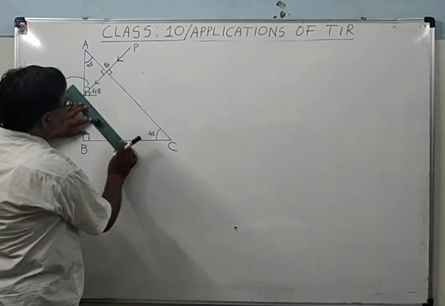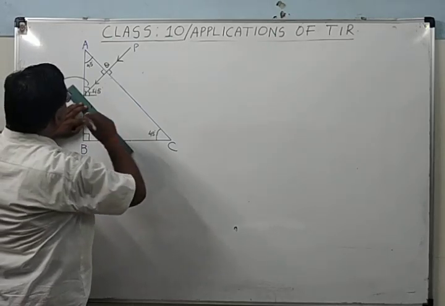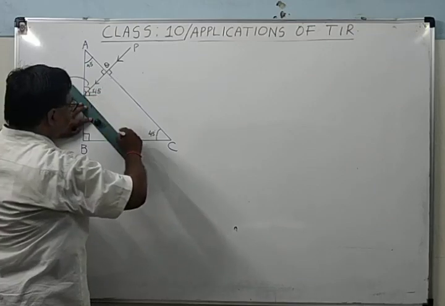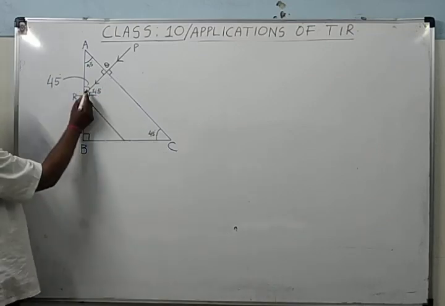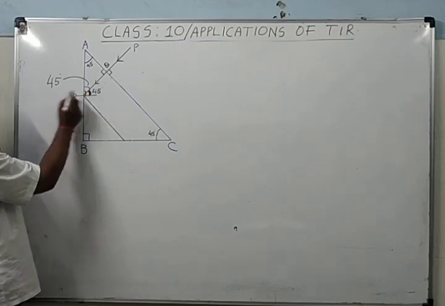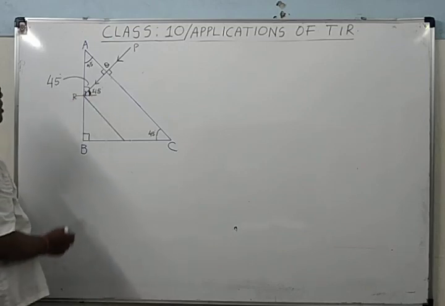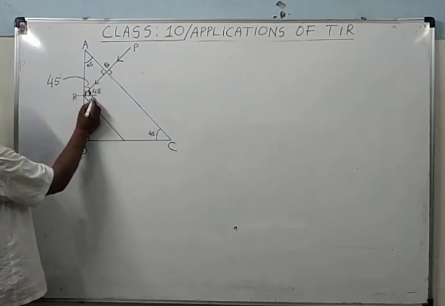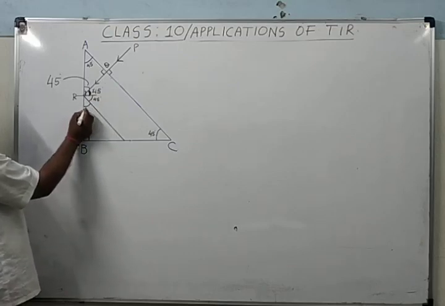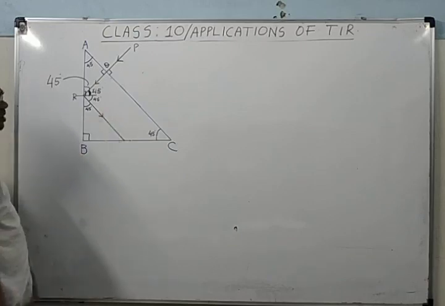Reflected ray will go making 45 degree angle from the normal, because the angle of incidence here is 45 degree. It's clear? So angle of reflection will also be 45. Now it is going in this direction.